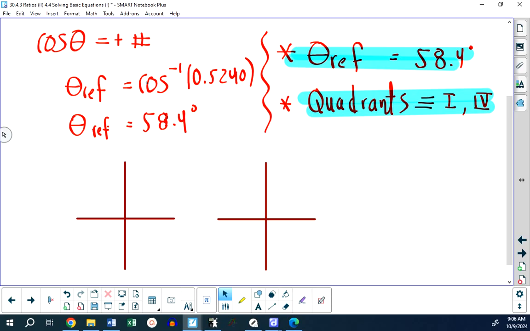So in quadrant 1, we're going to sketch a rotation angle that would give us a reference angle of 58.4 degrees. And that's the reference angle. That green arc is the reference angle. It has no direction.